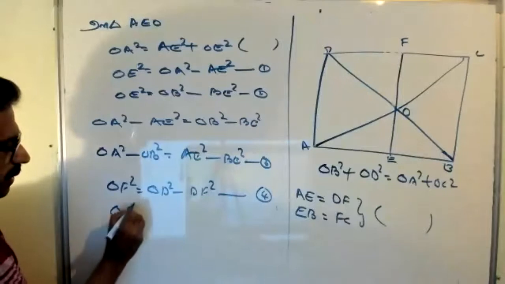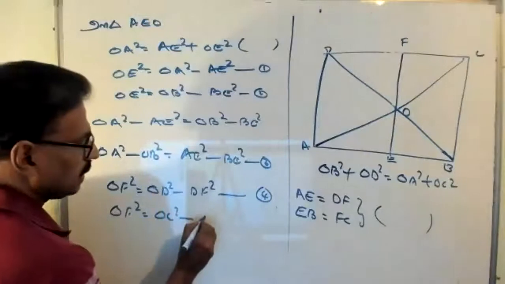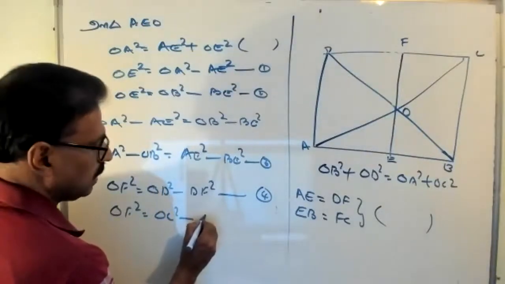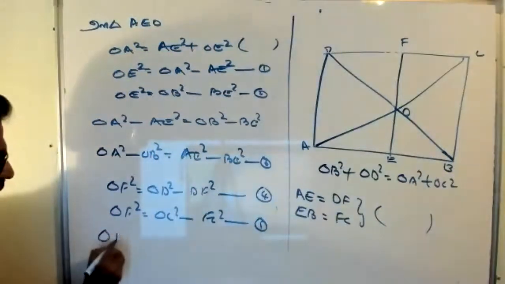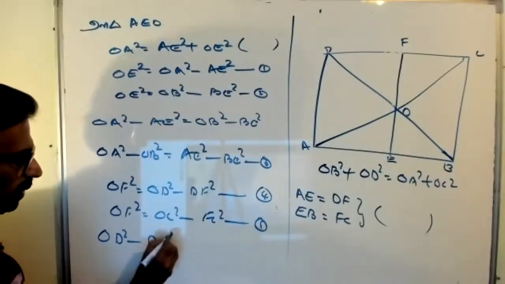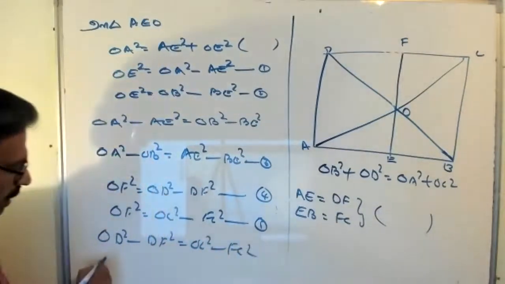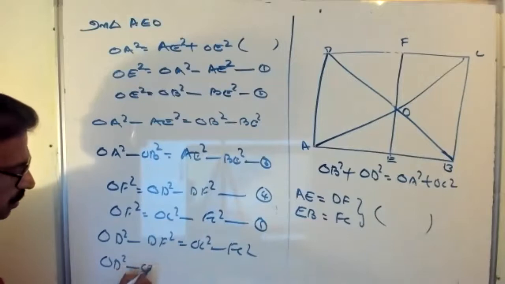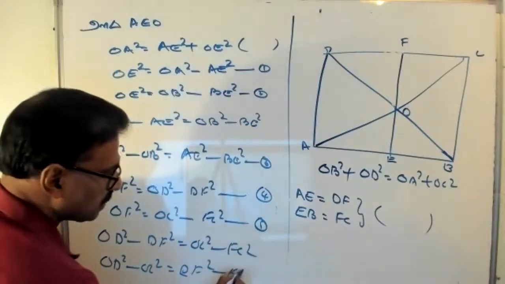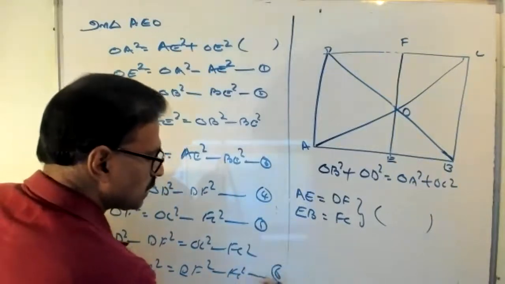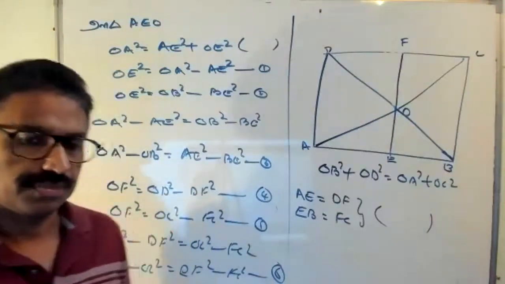Again, OF square equal to OC square minus FC square. Number 5. Then OD square minus DF square equal to OC square minus FC square. OC coming here, OD square minus OC square equal to DF square minus FC square. Number 6.